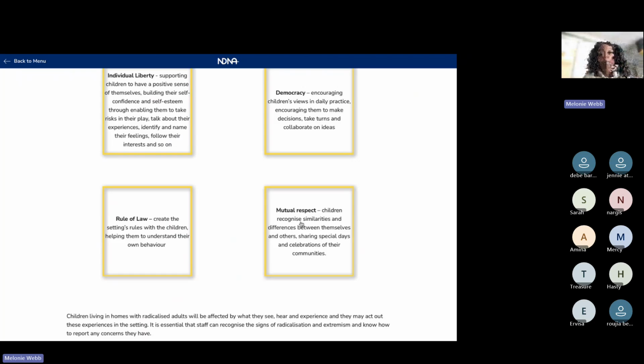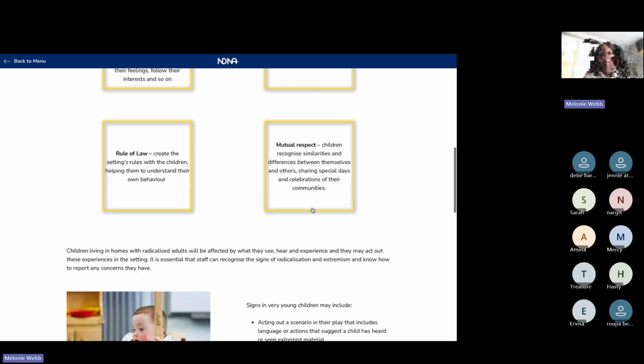It's more about how you manage that. The mutual respect side of it would be when they recognise that our skins are different, but it doesn't have to be negative. It can just be a recognition.